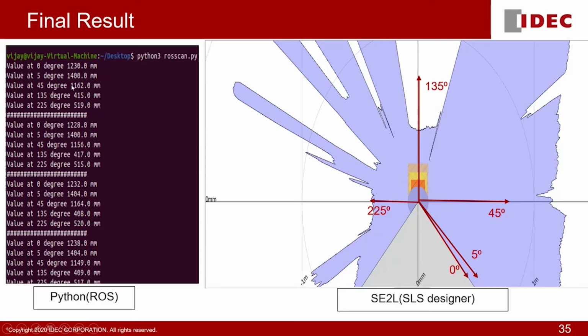For the first scan, I'm getting 0.0 mm towards 0 degree. Since it is not properly visible here in the SE2L designer, we'll just see the 45th degree, where it is more than 1 meter away.